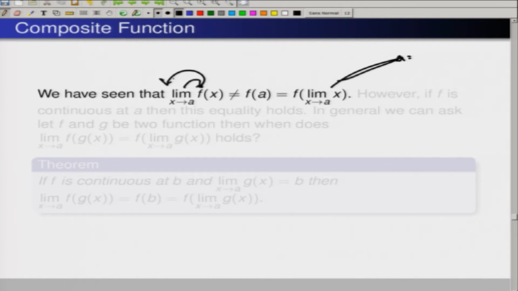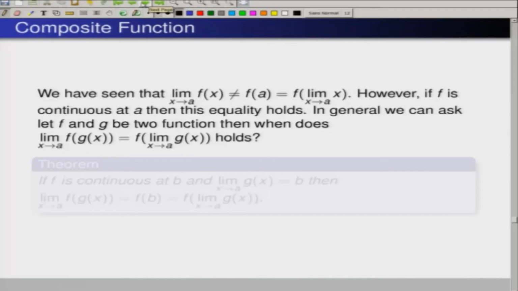That is what continuity is saying. Interchanging means first you take the limit, then apply the function, or you apply the function on x, then you apply the limit. In general we can do that if f is continuous at a.